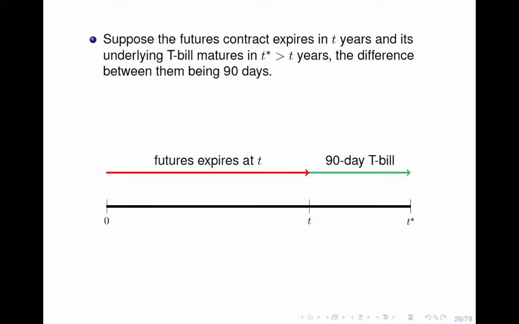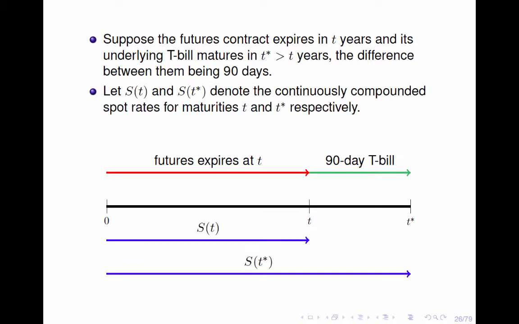Suppose that the futures contract expires in T years, its underlying T-bill matures in T star years, where T star is greater than T, and the difference between them is 90 days. Let ST and ST star denote the continuously compounded spot rates for maturities T and T star respectively.